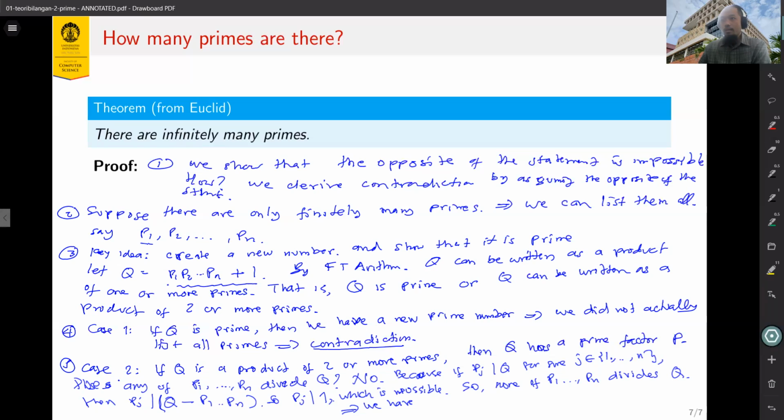So P is a prime not in the list, because none of P1 up to Pn divides Q, so we have a new prime that divides Q. And we have another contradiction.